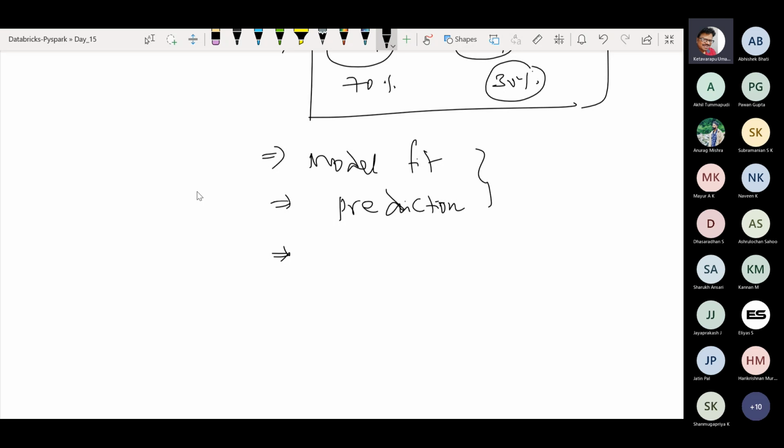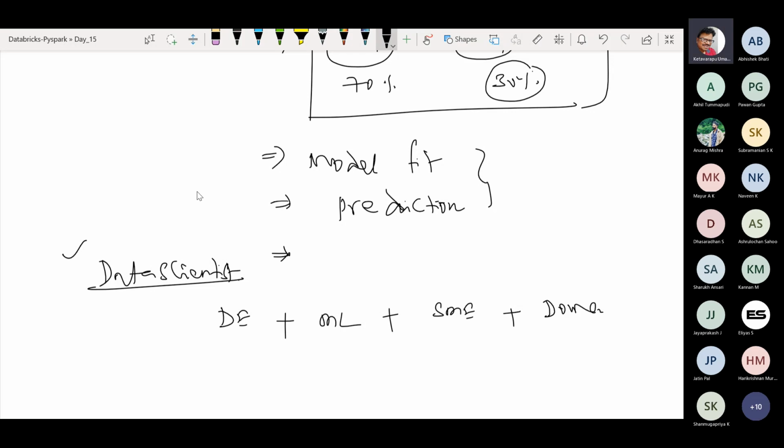Now, from this particular point, comes the data scientist functionality, because a data scientist should have the capabilities of DE as well as ML. Along with that, this data scientist may be an SME, a domain expert.